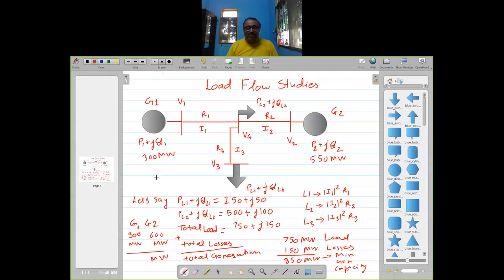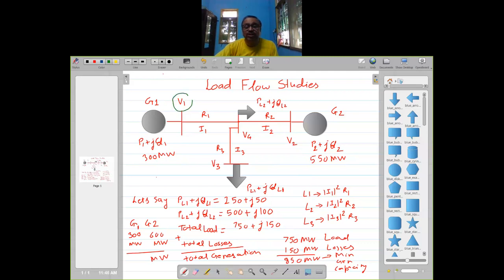which means that after we have decided that the generation between G1 and G2 will be divided in this proportion and these are the loads, I should ensure that the voltages V1, V2, V3, V4, these voltages, should be within limits.